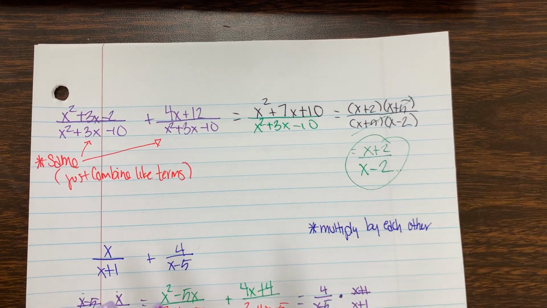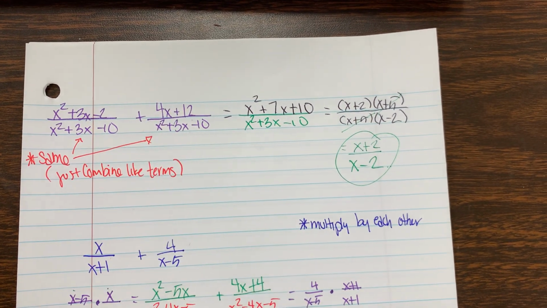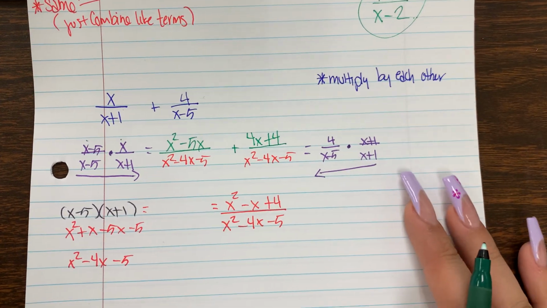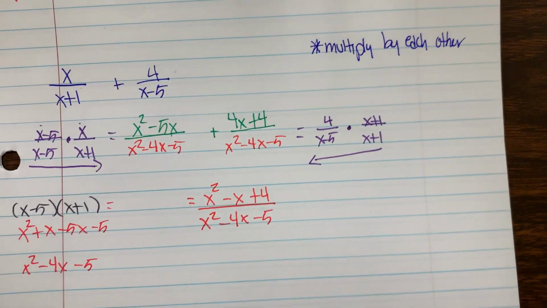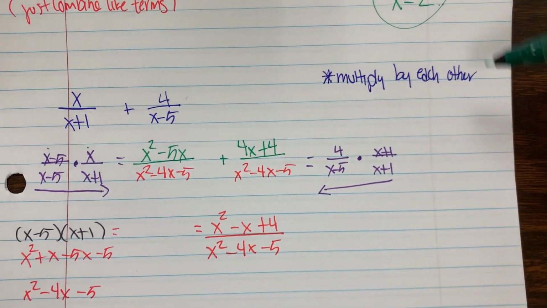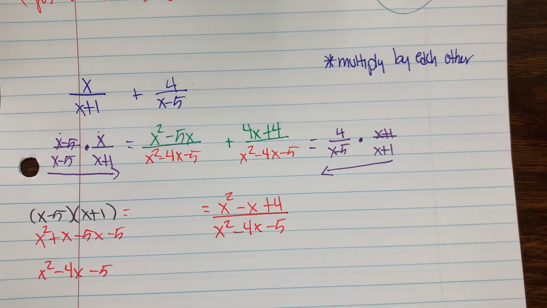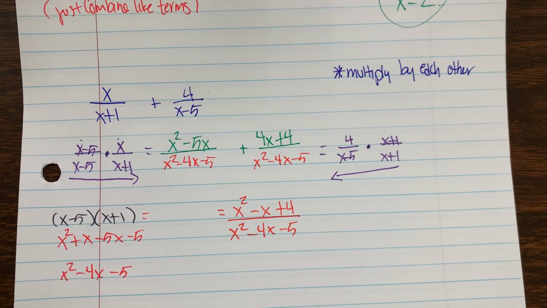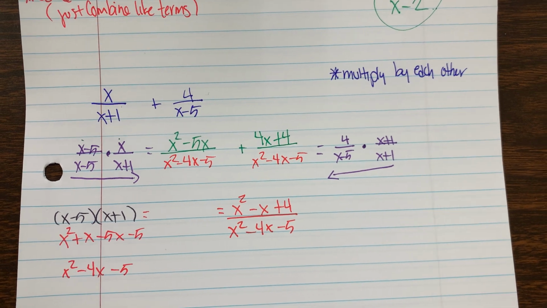Some of them are so simple because they have the same denominator, but sometimes we won't have that. So another example we looked at was here. I put here, just make sure you multiply them by each other if you have to. So by that, this is kind of what I mean.